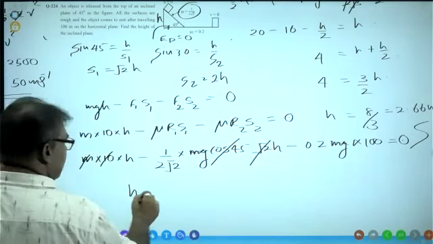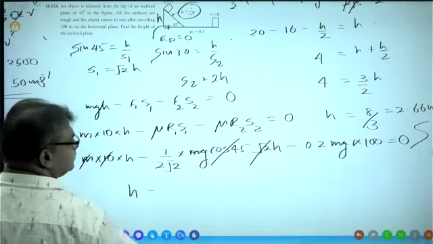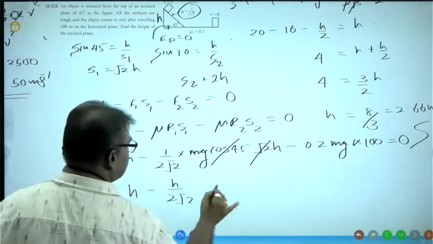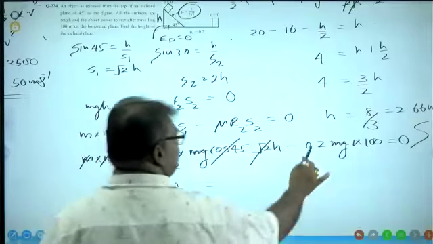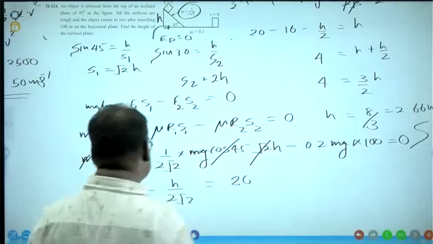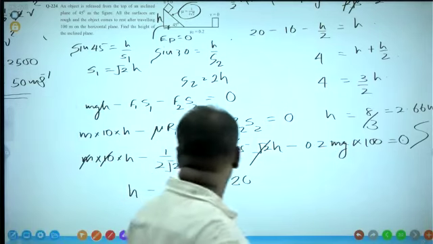So here h minus h over 2 root 2, equate this one, taking the other term to the other side, right? 20. Now the unknown factor is h, no? Then we can find h. This is the way of getting the final answer. Complete this one, brother.